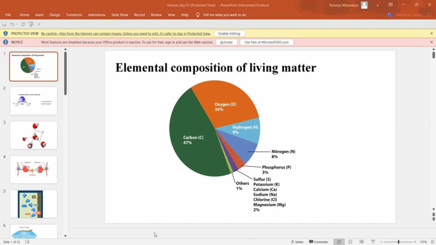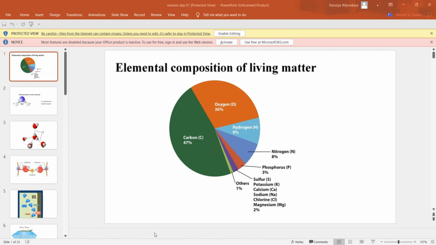Then, the remaining 3.7% is covered by macro elements such as calcium, phosphorus, potassium, sulfur, sodium, chlorine, magnesium, and trace elements.